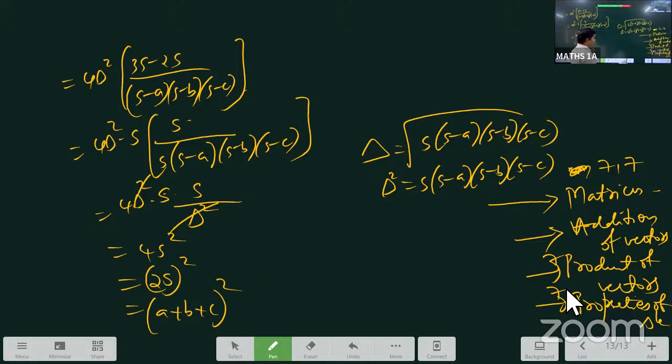Let us do some 4 marks of properties. So already I did one. Let us continue. All right.